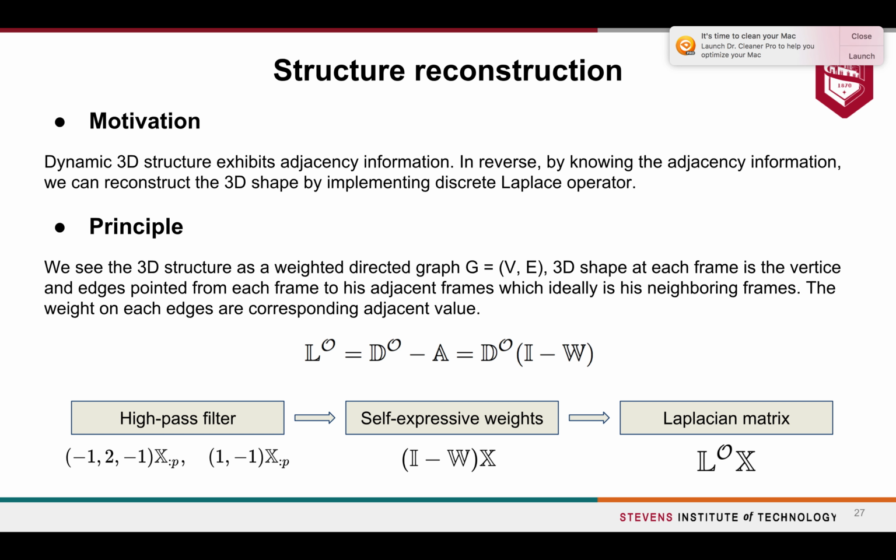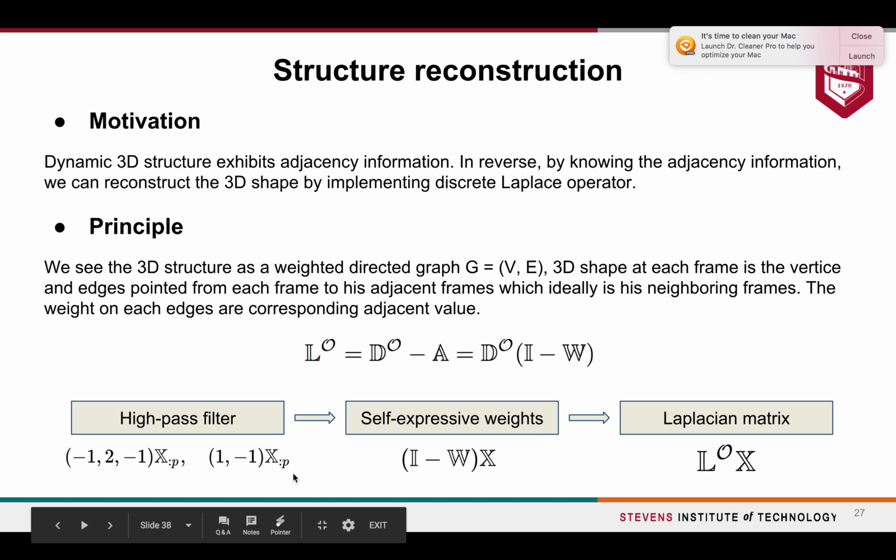Each row of the adjacency matrix holds the corresponding weight values on the graph, and the out-degree matrix is a diagonal matrix, where each value is the corresponding sum of the row of the adjacency matrix.